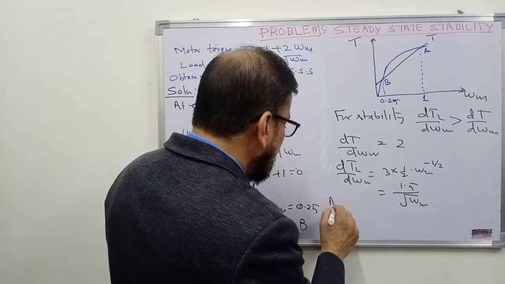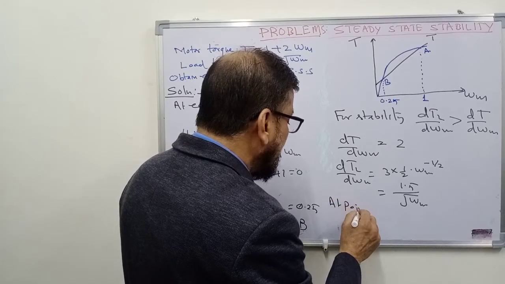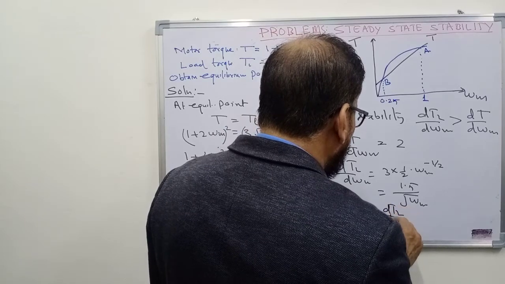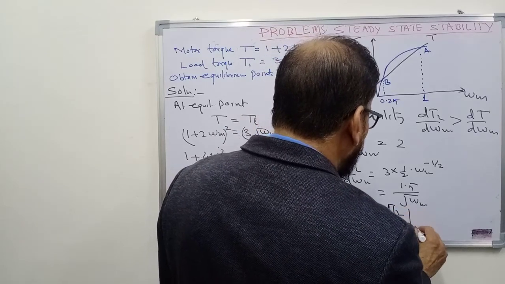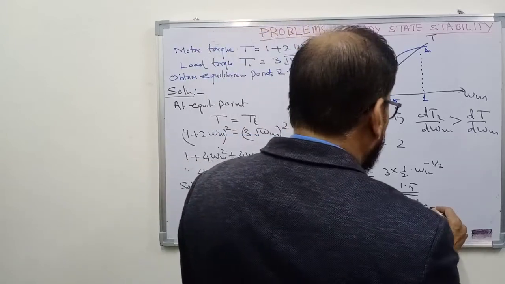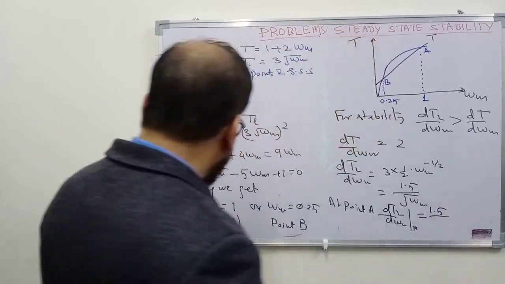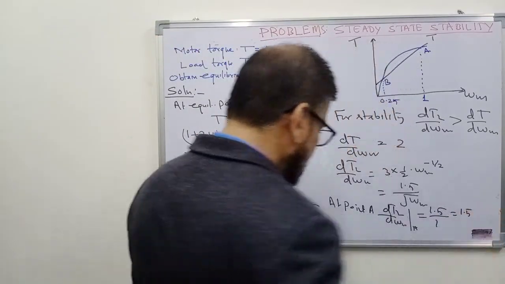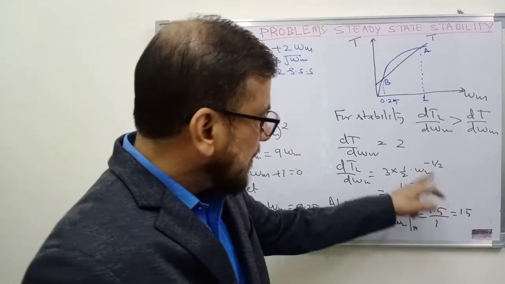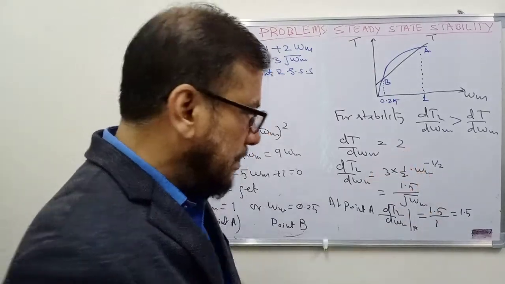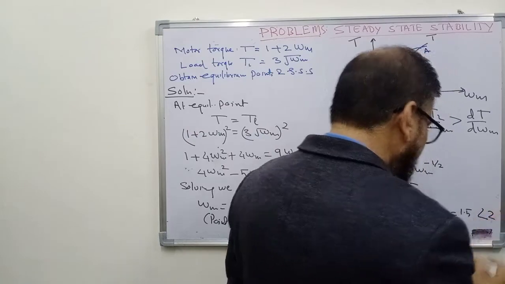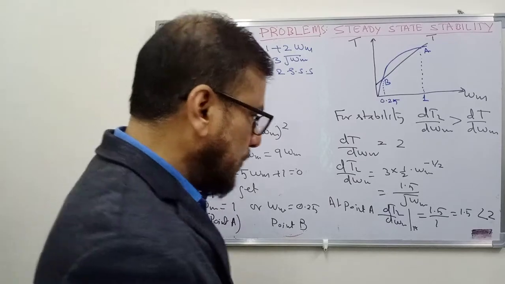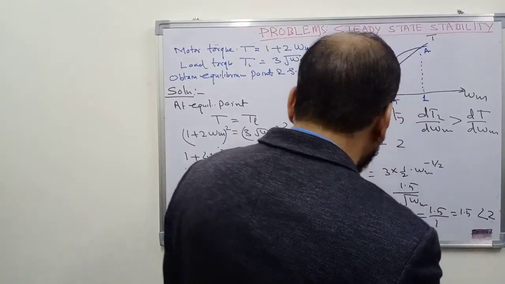At point A, dTL upon d omega m is equal to 1.5 upon square root of 1, that is 1.5, which is less than dT upon d omega m. This means that this point is not a stable point. So this point is unstable.